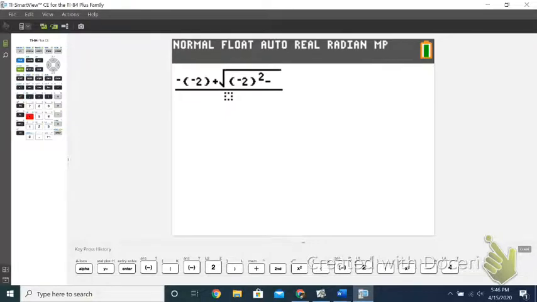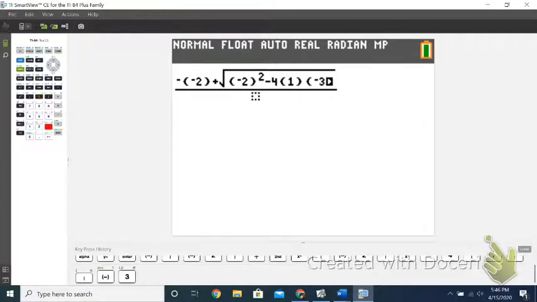Minus 4, parentheses 1, parentheses, negative 35, parentheses, and then I'm going to click the down button to get down to the denominator. 2, parentheses, 1, parentheses.